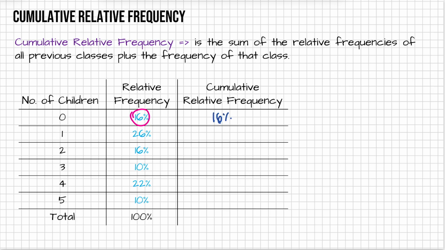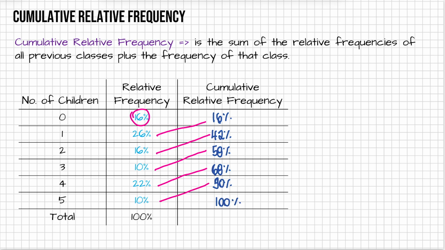For the second class, we add 16 plus 26, which gives us 42%. Then 42 plus 16 is 58%. 58 plus 10 is 68%. 68 plus 22 is 90%. And finally, 90 plus 10 brings us to 100%.